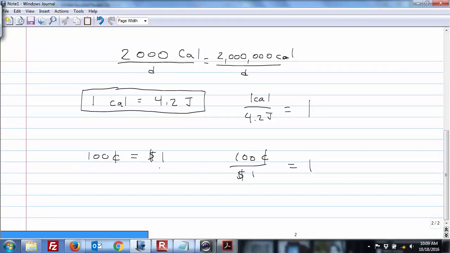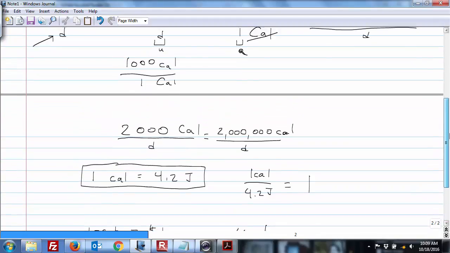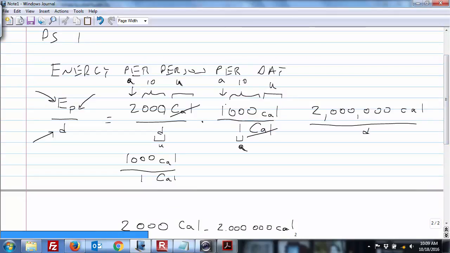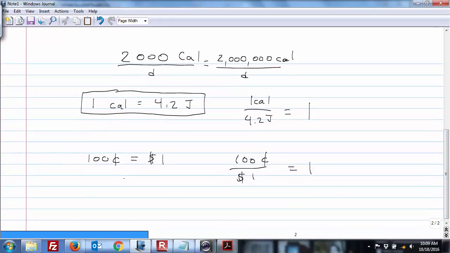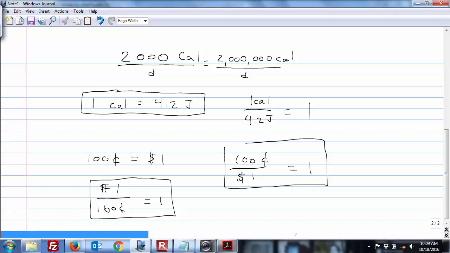It all goes back to the fact that you're solving three problems at the same time. You can do it the same way: $1 divided by 100 cents equals 1. Once you add the units in, those are just numbers, then it obviously wouldn't equal. That's how the units balance the numbers.